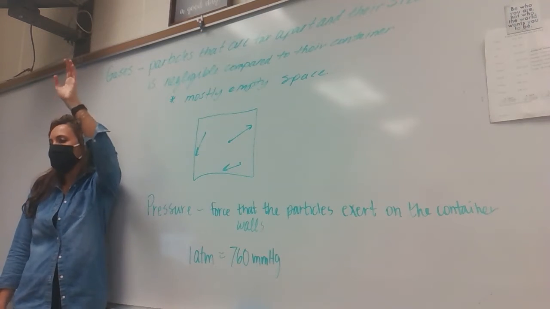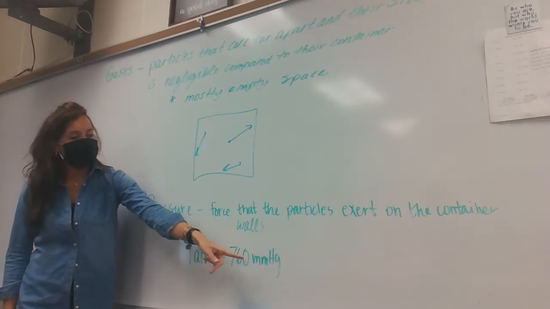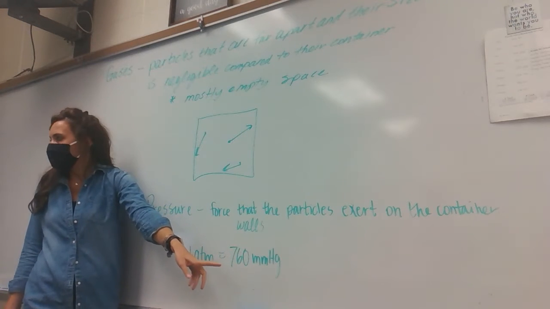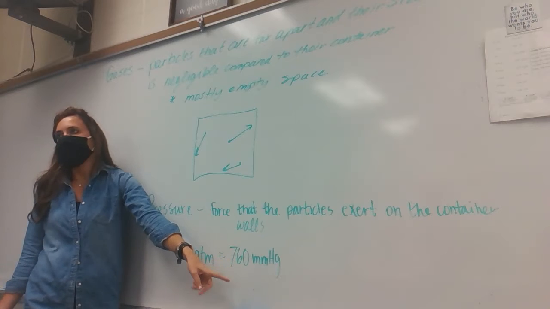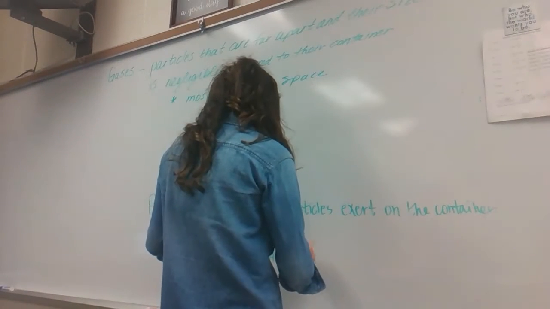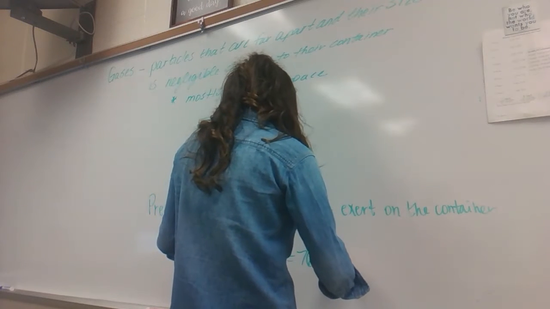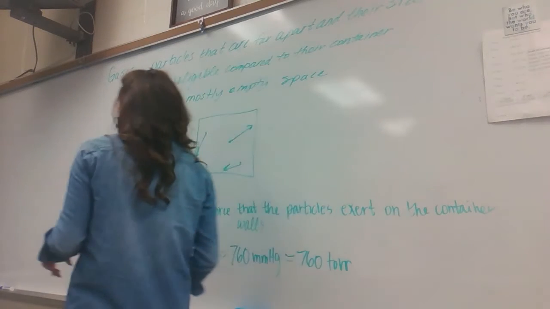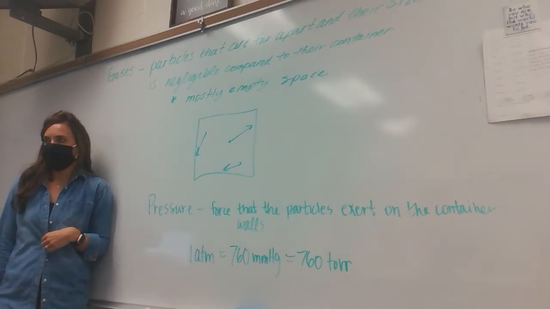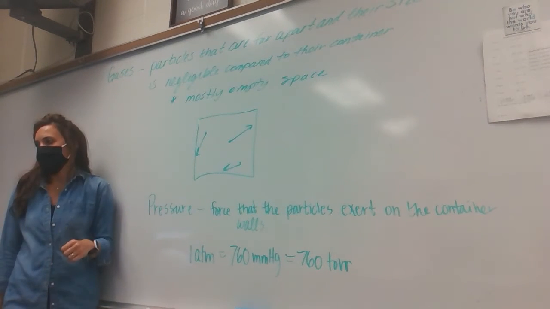It would rise in the tube, and they would literally measure it in millimeters. In Indiana, it would be about 760 millimeters of mercury tall. And then another unit that we use sometimes is torr. Same number as millimeters of mercury, just a different unit. They're equivalent. But these are your conversion factors.